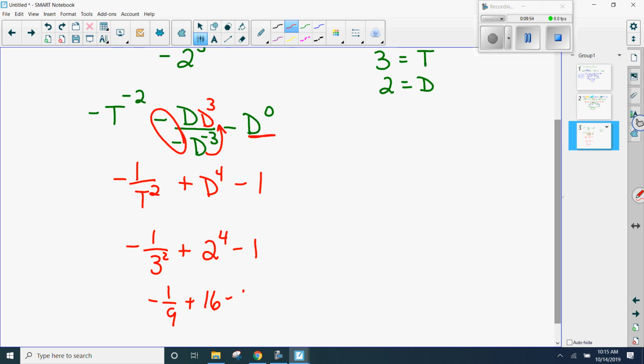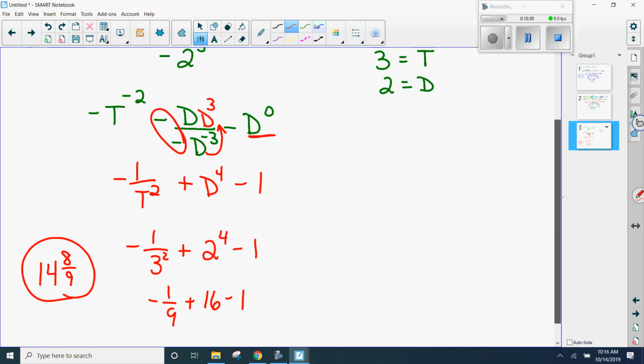Minus 1. 16 minus 1 is 15. 15 minus 1/9 is 14 and 8/9. Okay.